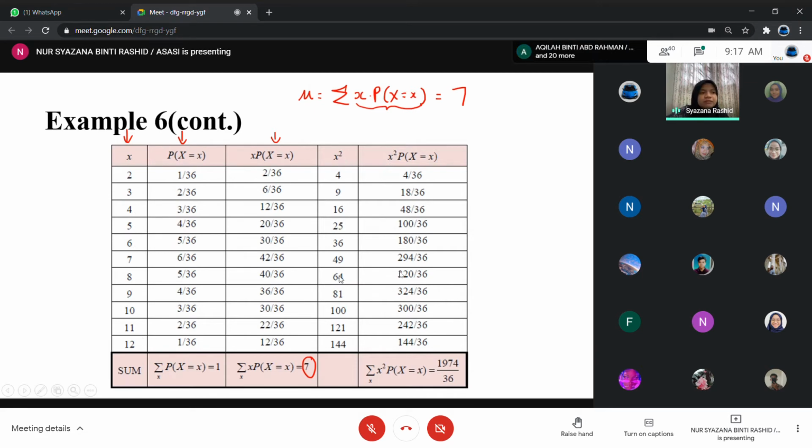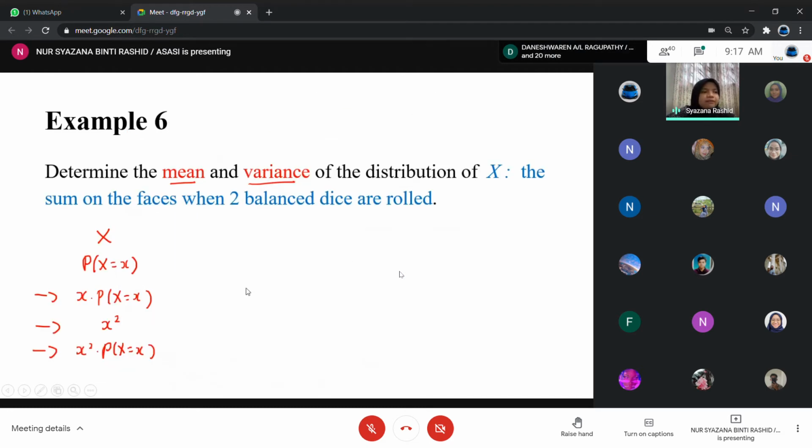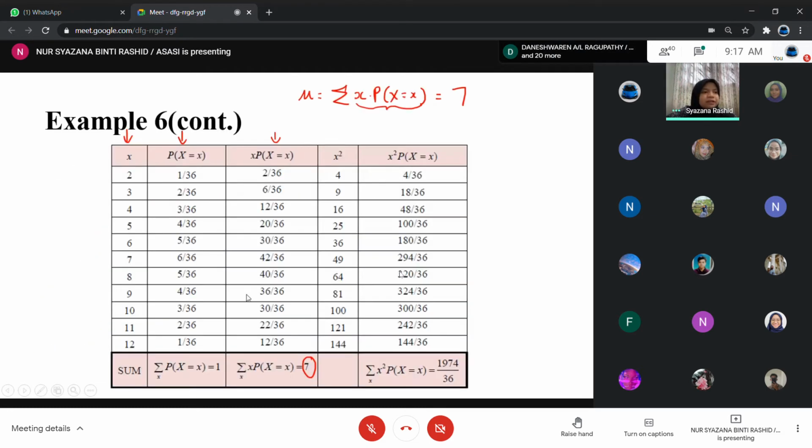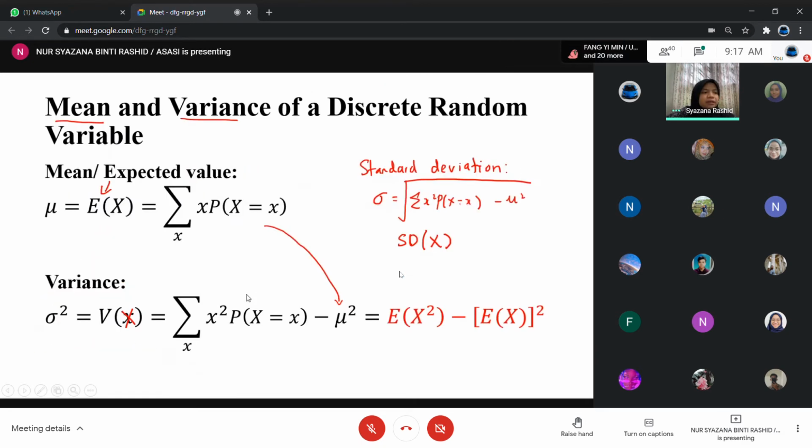So you complete this one. So yang ni tak perlu summation lah. Not yet summation. But we need this one. Kita perlukan ni sebab you tengok formula variance. Okay, formula variance dia ada ni kan, summation of X square times P. So kita perlukan X square times P.